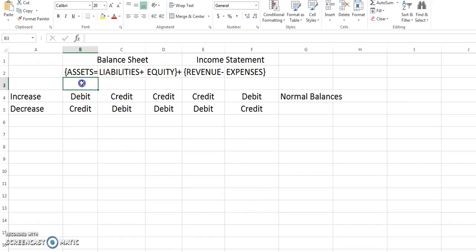So in each one of these account groups, you have very specific accounts. Assets are economic resources, or things that the company owns. So every company's favorite asset, or every person's favorite asset, is cash. So cash is an account.